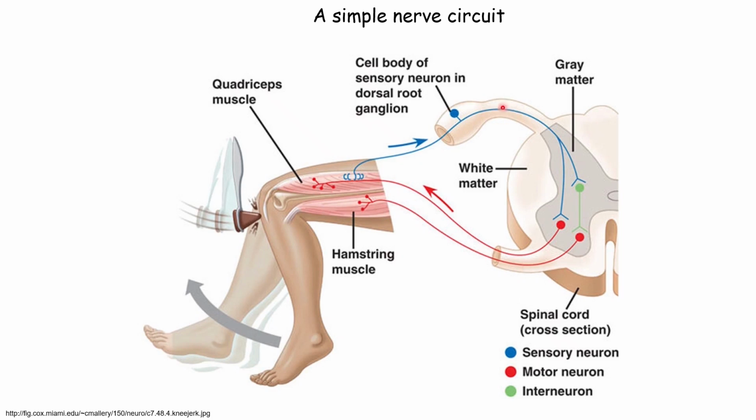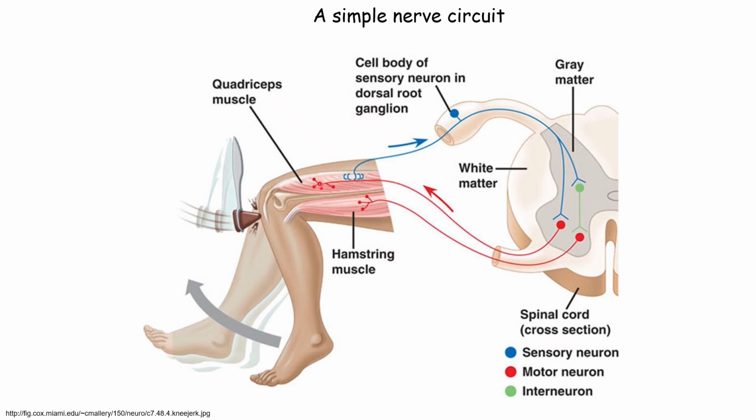Because the sensory neuron is activated, the inhibitory neuron is also activated. It reduces the activity in the second motor neuron, and therefore that reduces the activity in the hamstring muscle. And as the activity in the hamstring muscle is reduced, it relaxes. So essentially the quadricep muscle is now suddenly contracting, and the hamstring muscle is suddenly relaxing or extending.